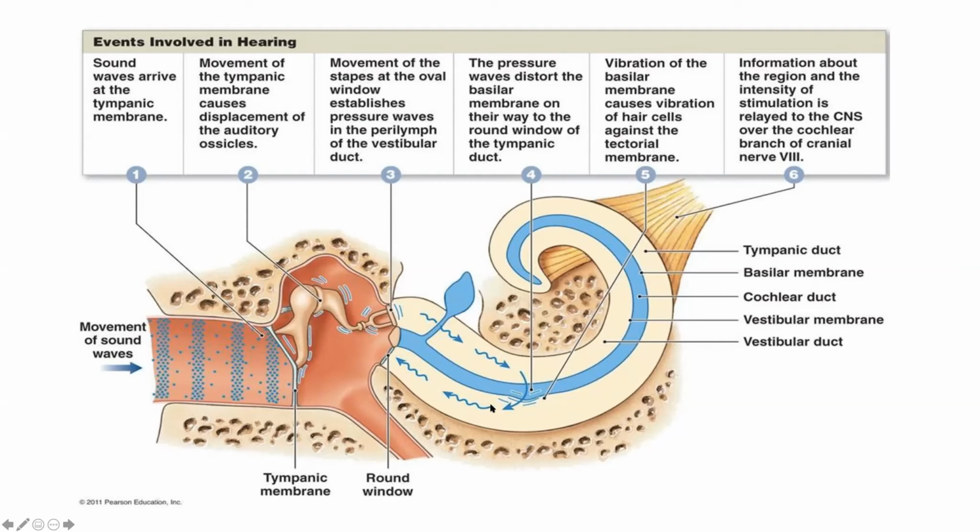Then that pressure wave travels back through the tympanic duct to the round window. In through the vestibular duct, crossing the cochlear duct, out through the tympanic duct and the round window.